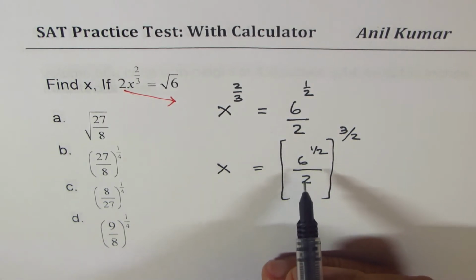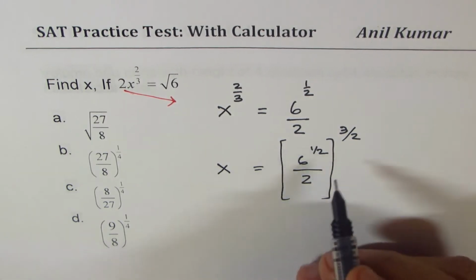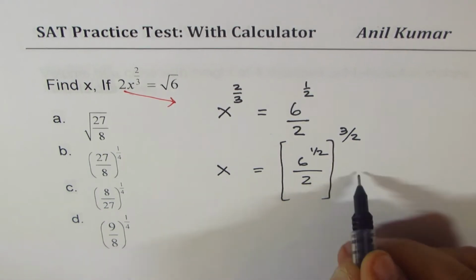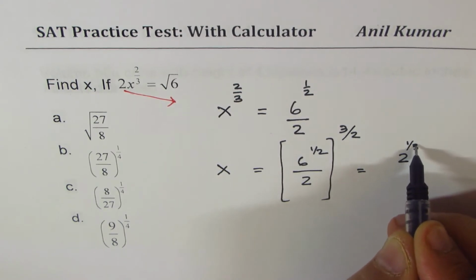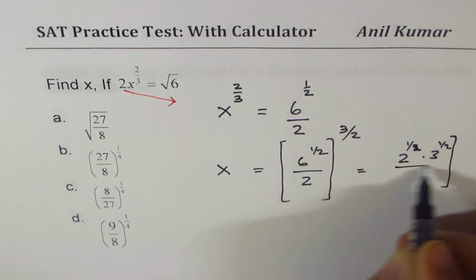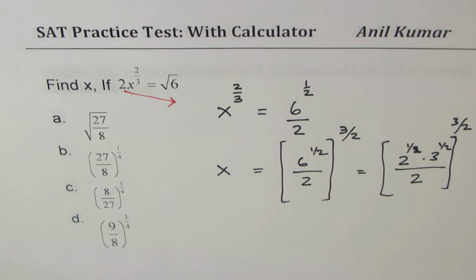Now 6 can actually be written as 2 times 3. Remember that part, right? So basically you could also write 6 as 2 to the power of half times 3 to the power of half, correct? So here we get 2 and here we get 3 over 2, correct?